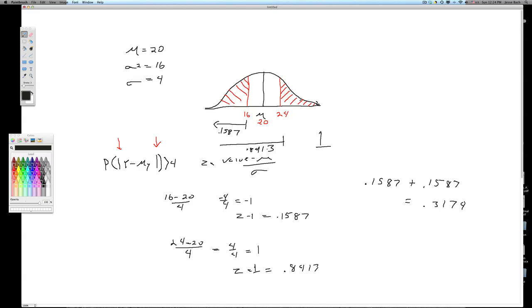Do this because these areas are equal. The z-value 0.1587 that way, it's going to be the same 0.1587 that way. And if you're not sure, you can do 1 minus 0.8413, that'll give you 0.1587. So your answer for this one is going to be 0.3174, looking at the absolute value of that.